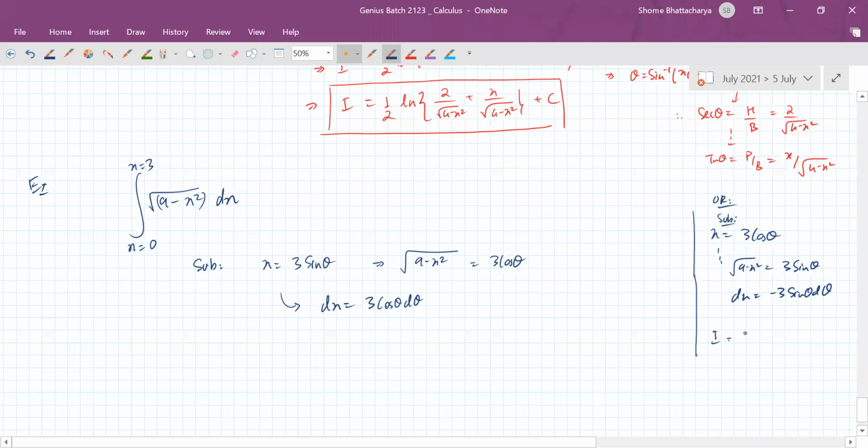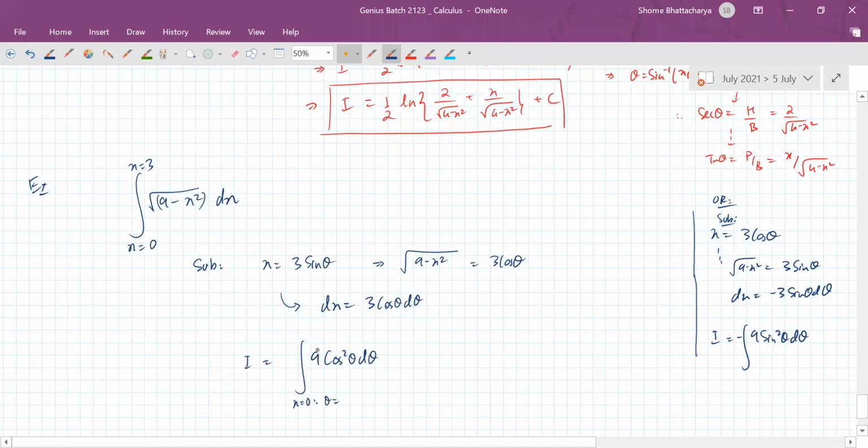So here the integral would have become minus 9 sine square theta d theta. Here the integral will become 9 cos square theta d theta.